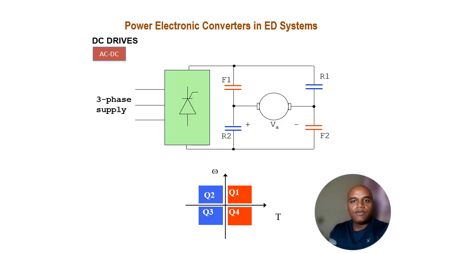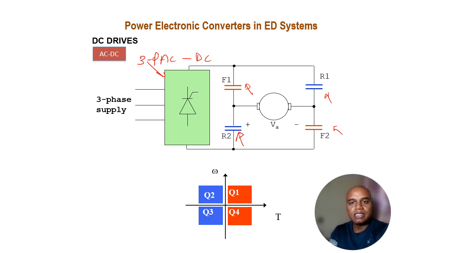Similarly, if I'm using only one rectifier, which is converting my three-phase AC to DC, as shown over here with F1, F2, R1 and R2, and I'm using capacitor banks over here.